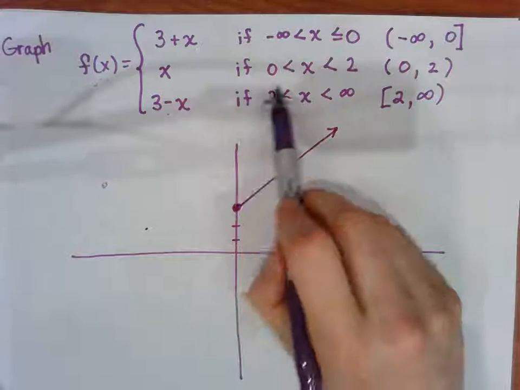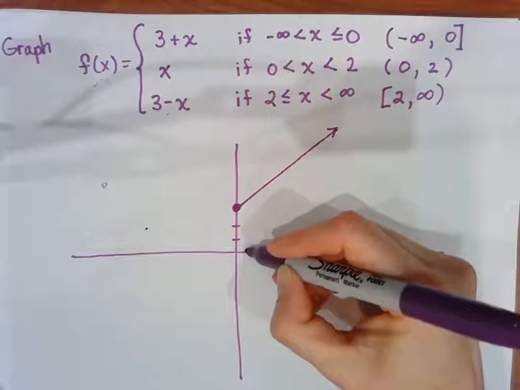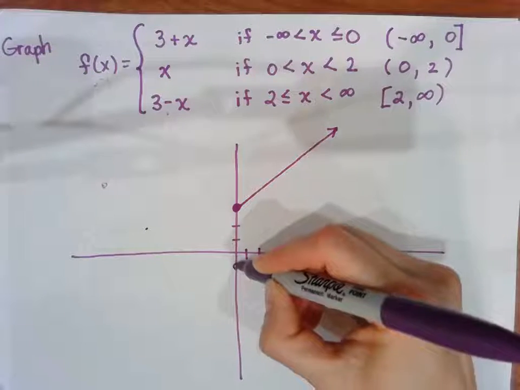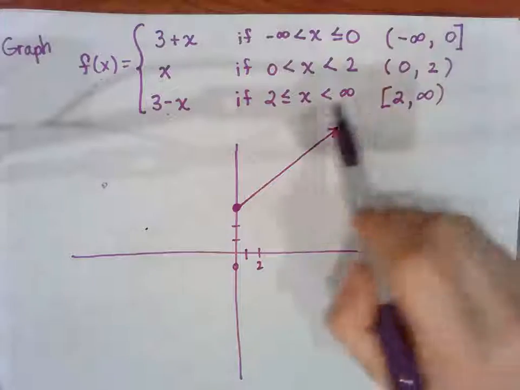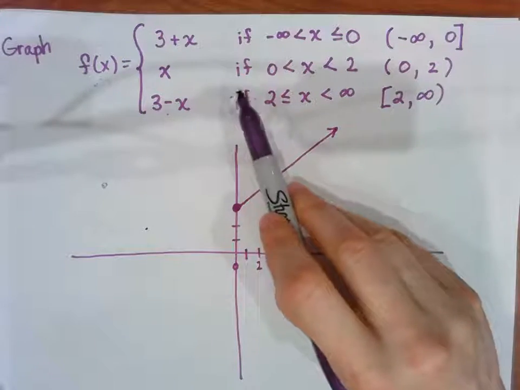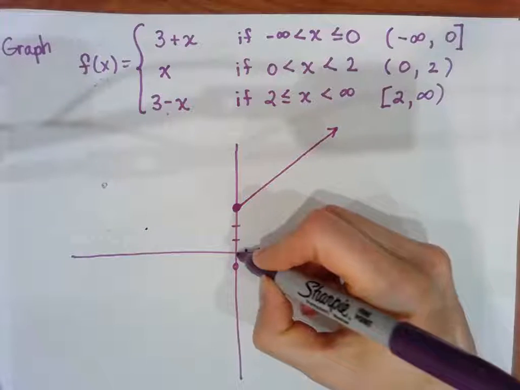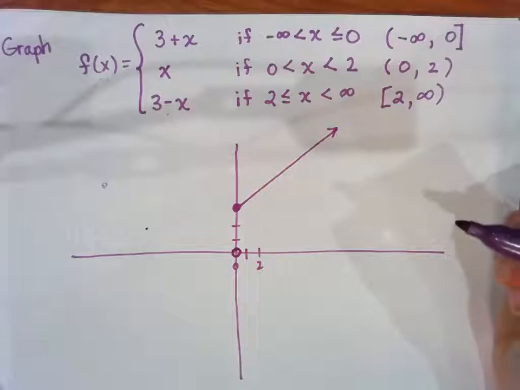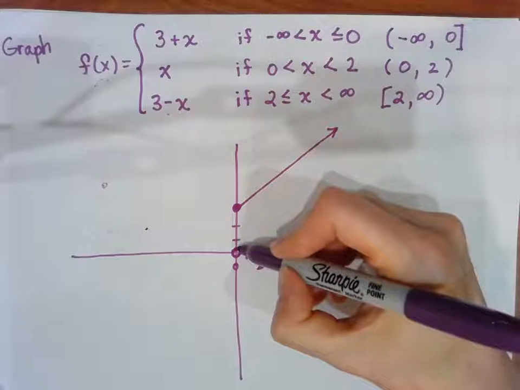Then between 0 and 2, we would have x. In this particular instance, it's not defined here.